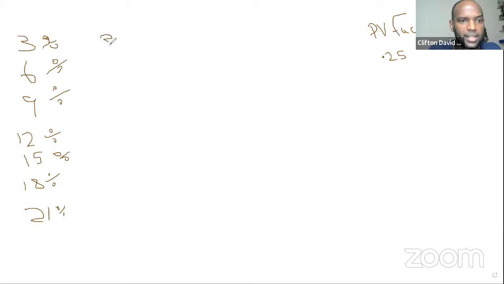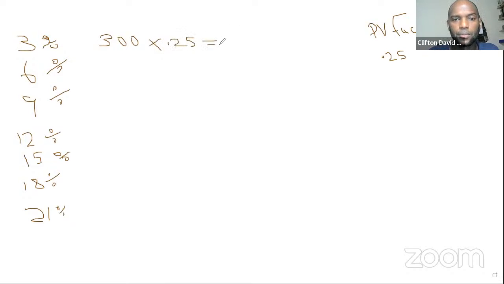So for 3%, you need 300 points. So 300 points is valued based on the point volume factor. If you could check it on your calculator for me, 300 times 0.25 equals 75.